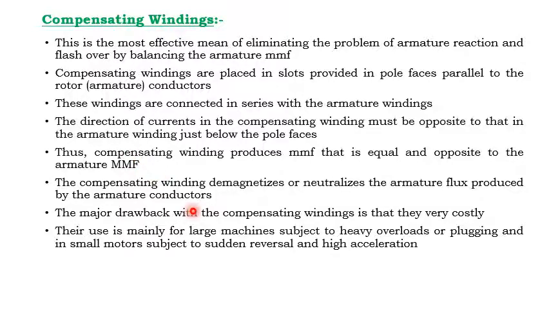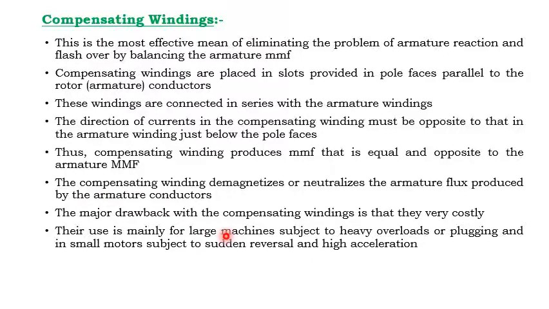So the compensating winding demagnetizes or neutralizes the armature flux produced by the armature conductors. In this way, the bad commutation can be avoided.